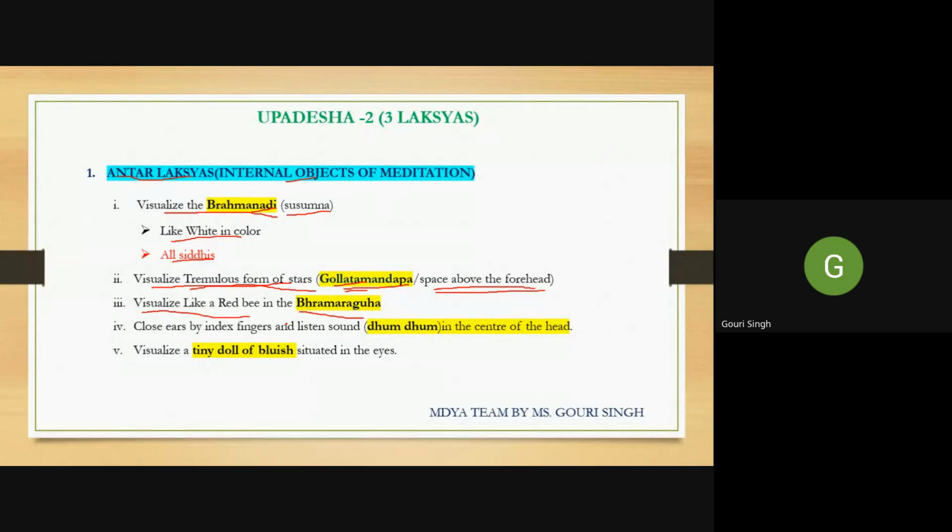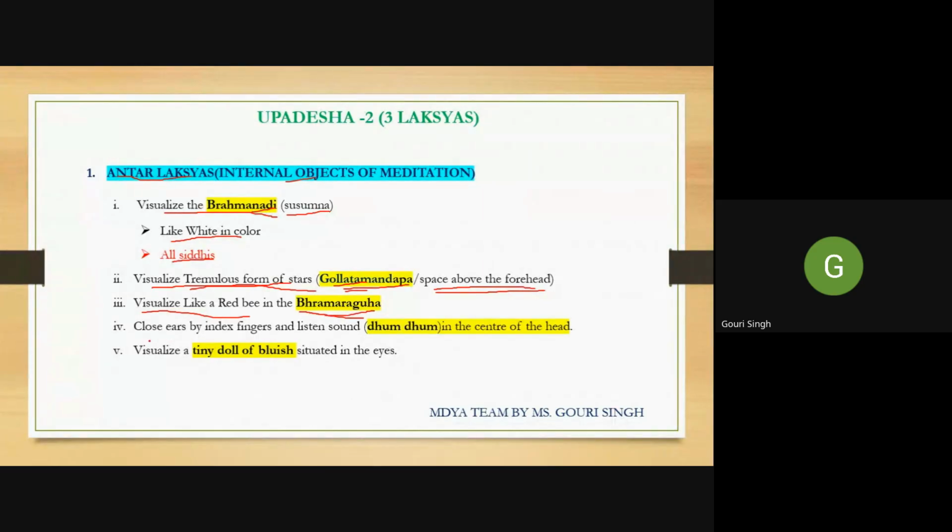If you look at the bee's house, there is a hole everywhere, and there is no difference between the houses. It looks like a house, but the bee is inside. No bees are properly visible outside. But if you visualize a red bee in the house, the red color will be visible. In that way you have to imagine, or visualize, a red bee in the Brahmara Guha.